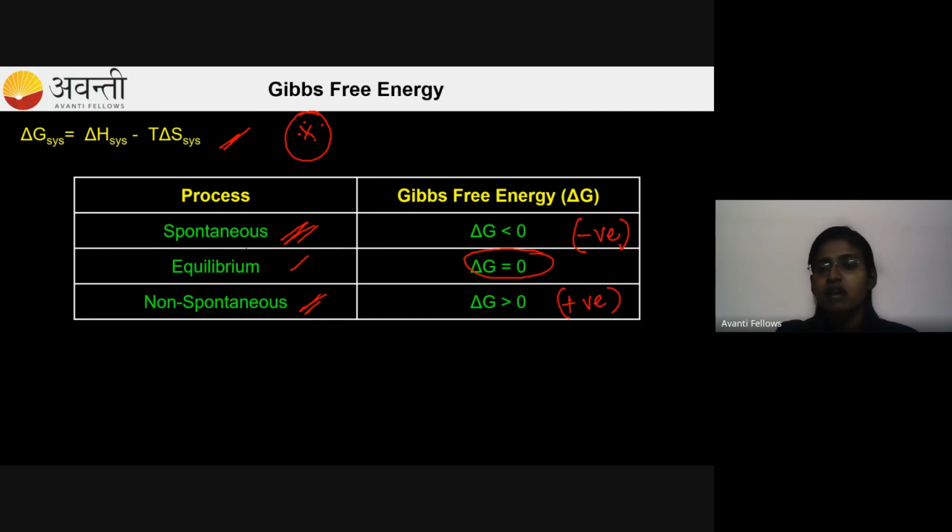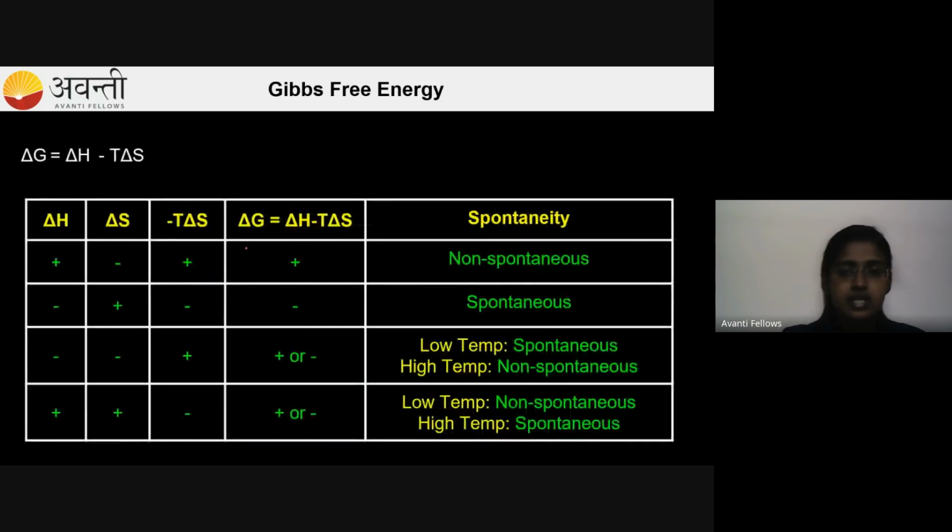And we also have one more tabular column. It is there in your book also, and that is also very important. So here it is. If delta G is coming out to be positive, the process is non-spontaneous. If it is negative, it is spontaneous. And for the last, we have two cases.